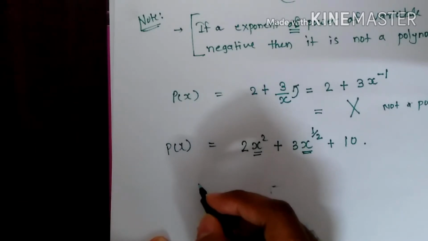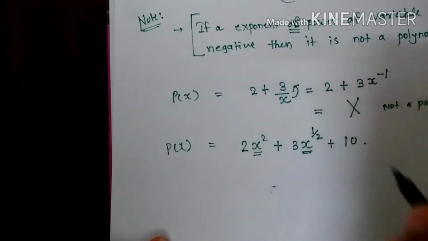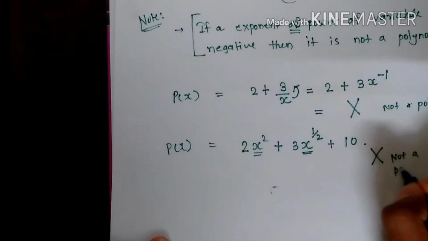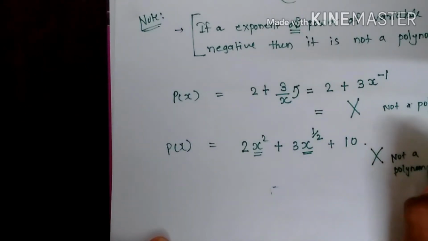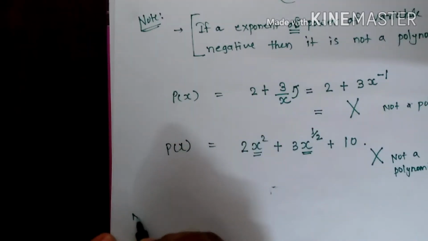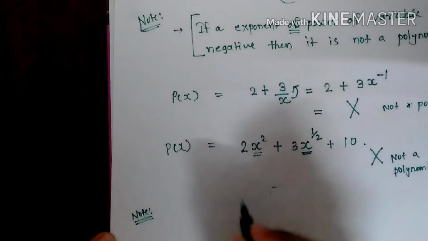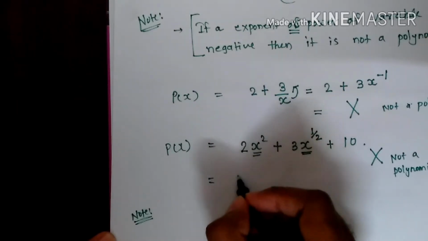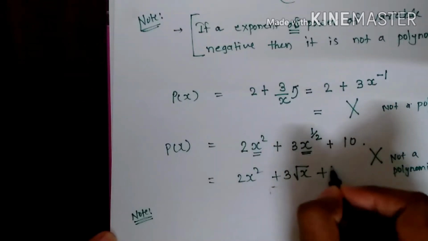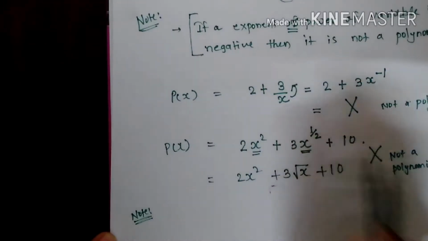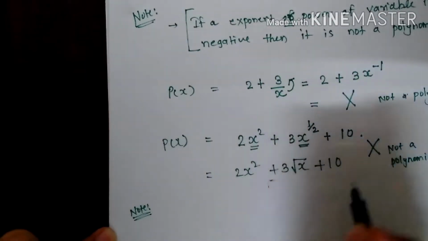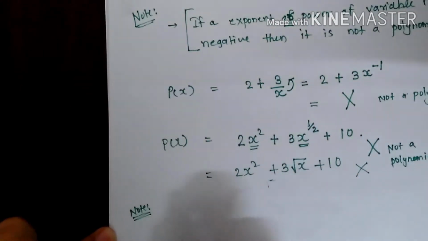Yet this is not a polynomial. Again note down: you can also write this term as 3 root x, because anything to the power half means square root. Both are the same, so both are not polynomials.